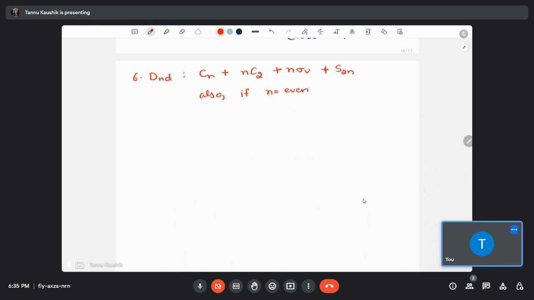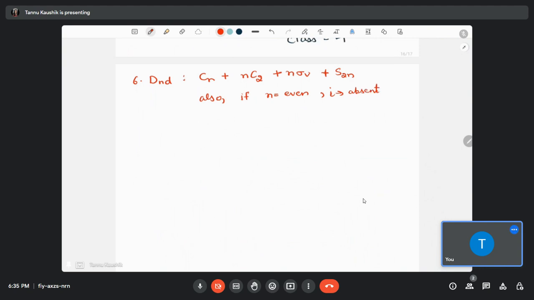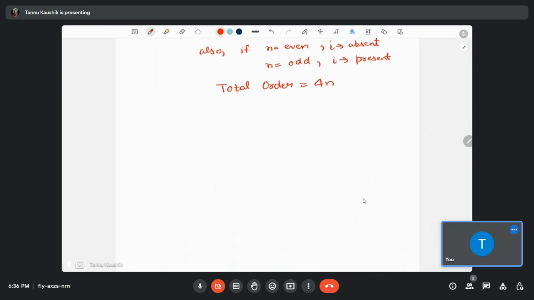If n is even, then i will be absent. I have already taught you this in the last lecture. If n is odd, then i will be present. And the total order for these point groups will be 4n.